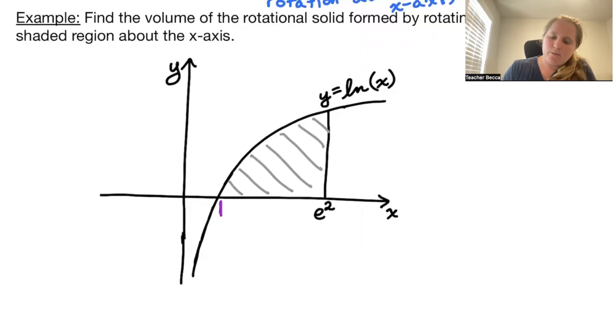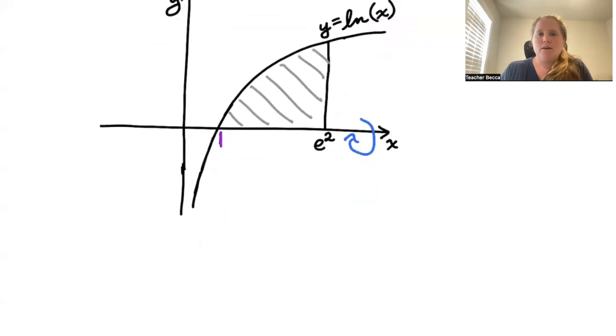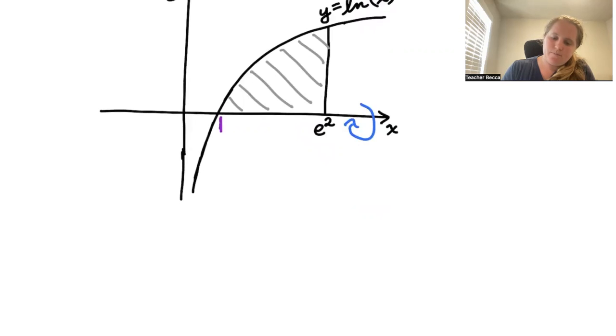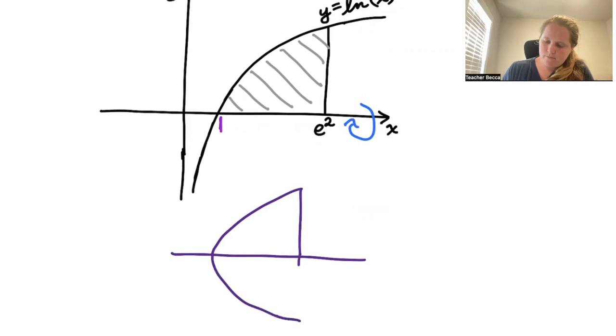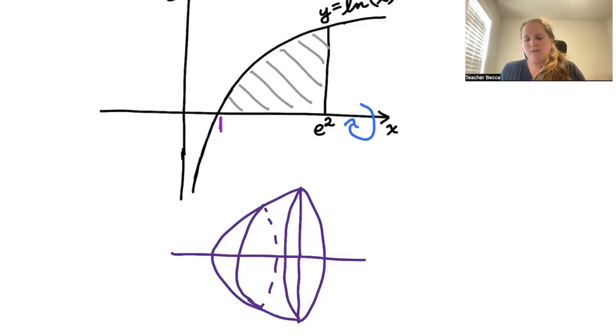This time around, we are rotating about the x-axis. If we draw this picture, we are essentially looking at a solid bowl. We could do this with discs, and the discs would have radius natural log x.